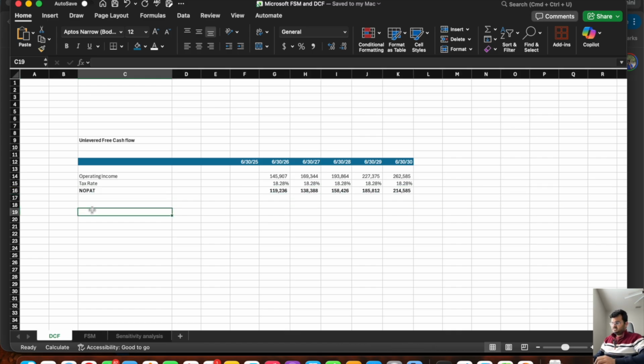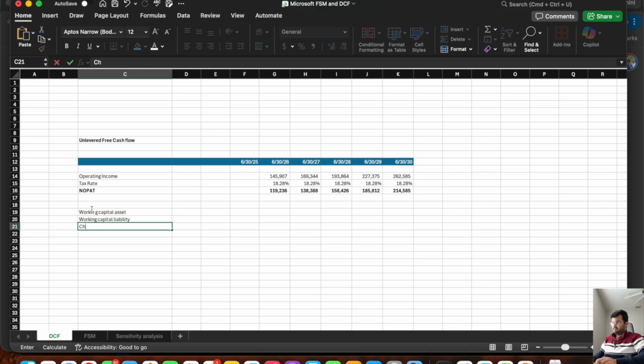Then the second one is we need the change in working capital assets. Well, rather than doing that, we'll evaluate working capital asset, working capital liability, and then change in working capital.